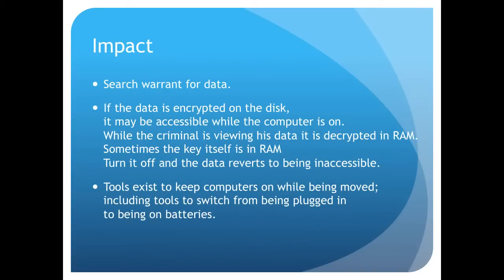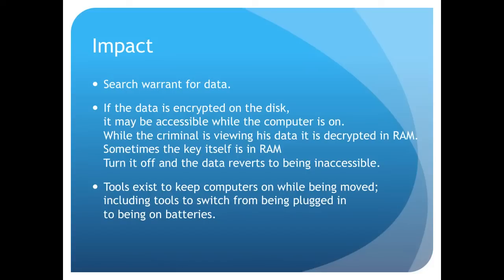So, impact for you. You've got a search warrant for data. If the data is encrypted on the disk or the hard drive, it may be accessible while the computer is on, when it's in the RAM, because at some point the criminal is viewing this data, or the person whose data you're after.